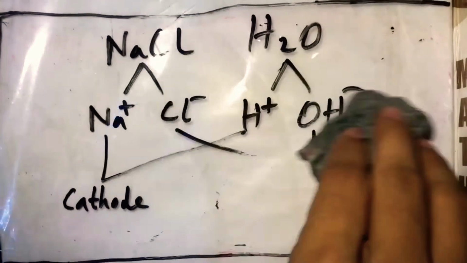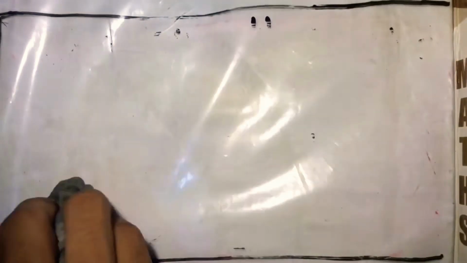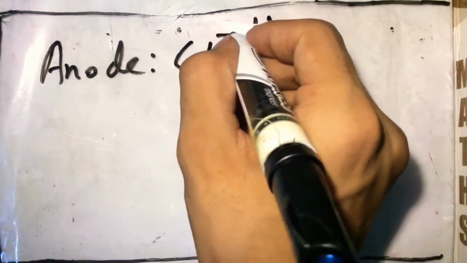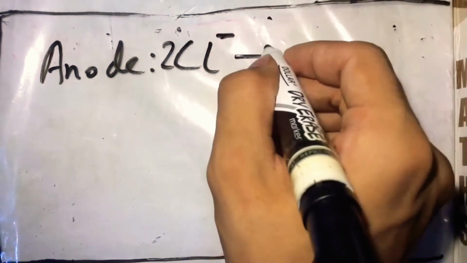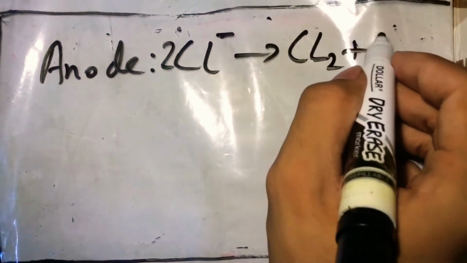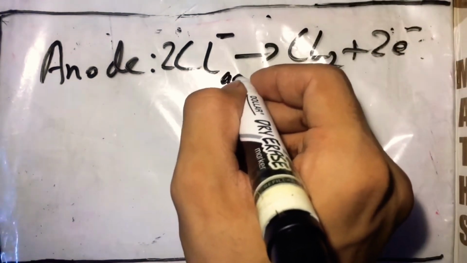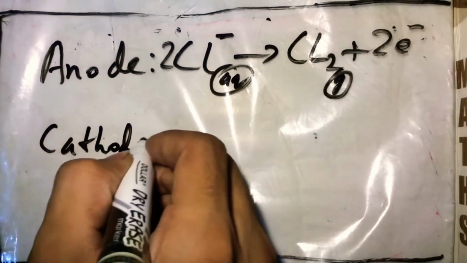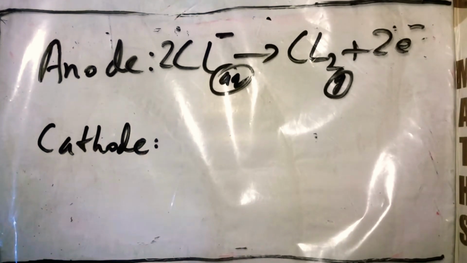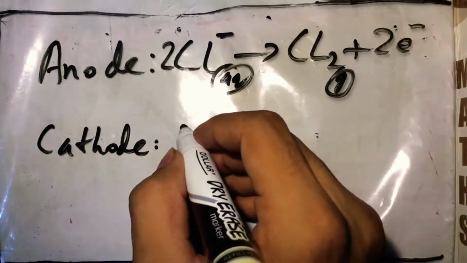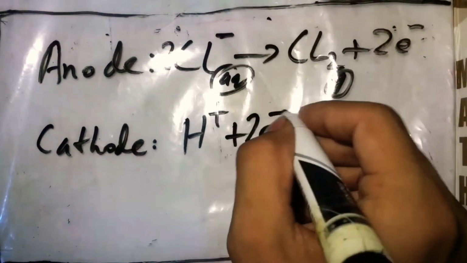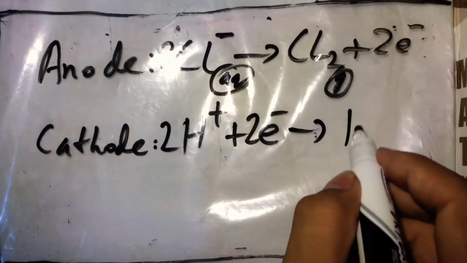So at the anode, the chloride ion will form chlorine plus 2 electrons, while at the cathode, hydrogen ion will be reduced to hydrogen.